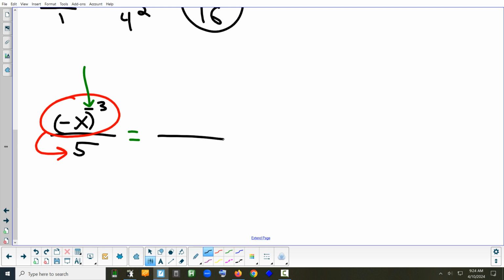X to the 3rd power. No, we won't have x to the 3rd left in the top. On top you'll have 5. No, there won't be a 5 in the top.